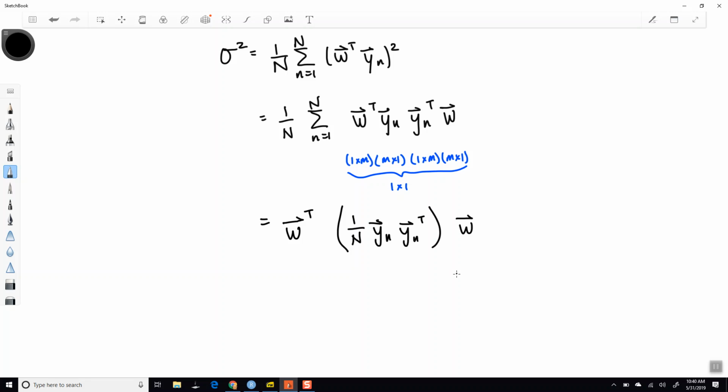Does this look like anything? Well, let me do this. Keep in mind that y bar is equal to 0, so I can also write it like this. I left out the sigma.